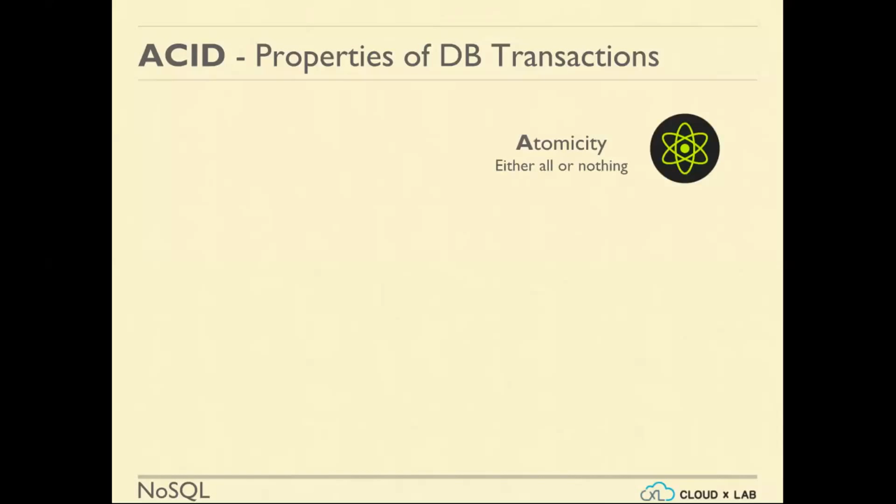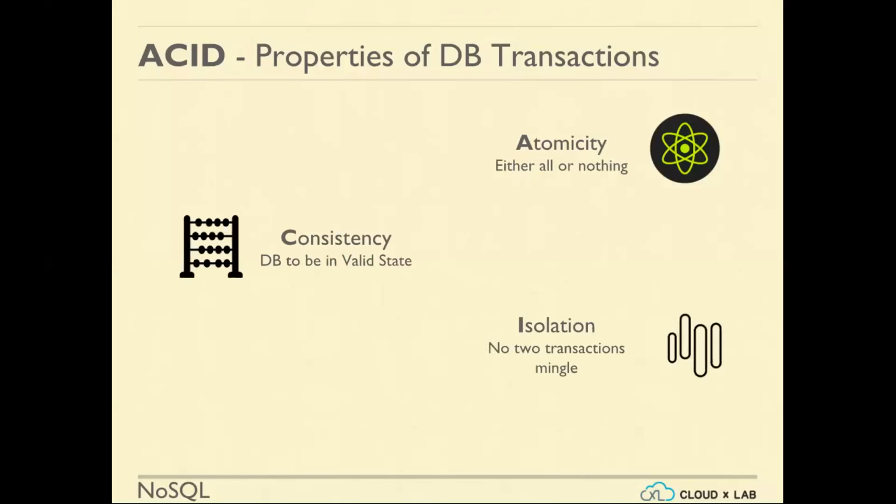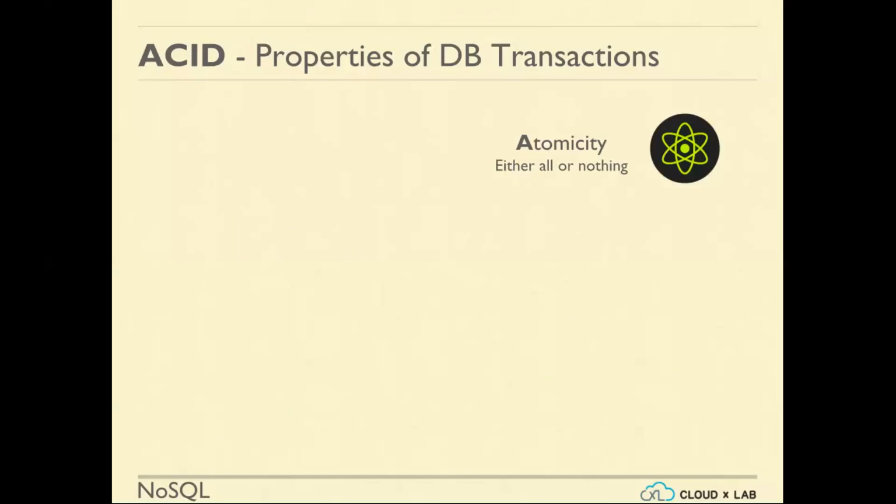One is atomicity, other is consistency, next is isolation, and fourth is durability. So atomicity is either all of the data is saved or nothing gets saved from the transaction. These are the properties of a transaction which every database implements.